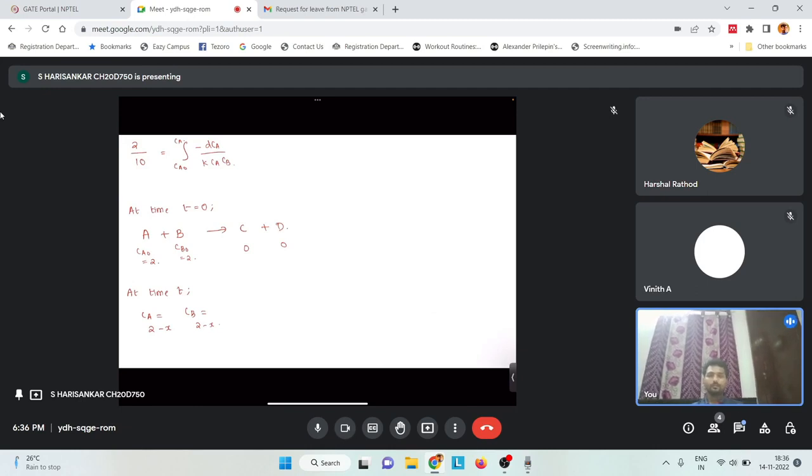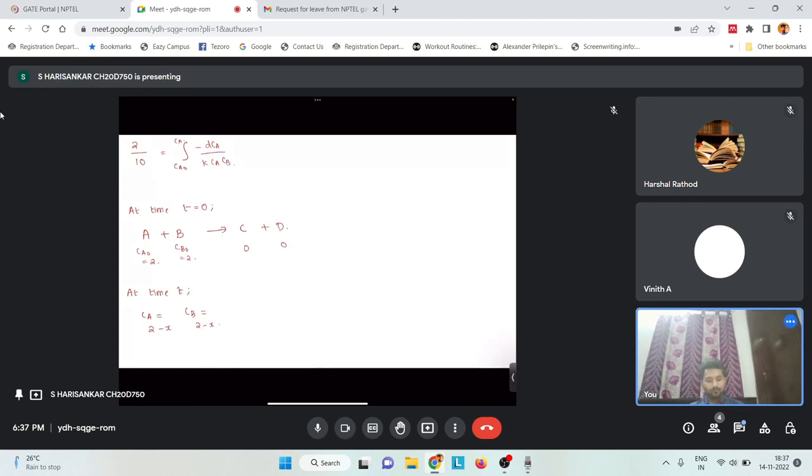Because the stoichiometry of A and B is the same, whatever amount of A is reacting, B will also react. So if out of the 2 moles of A, 1 mole of A is reacting, then 1 mole of B will also react to form the products. So the concentration of A and B will both be 2 minus X after time t.